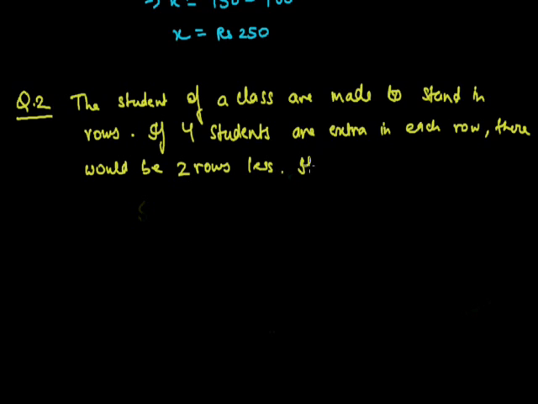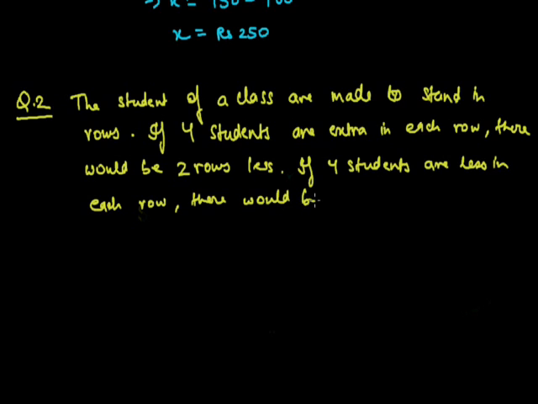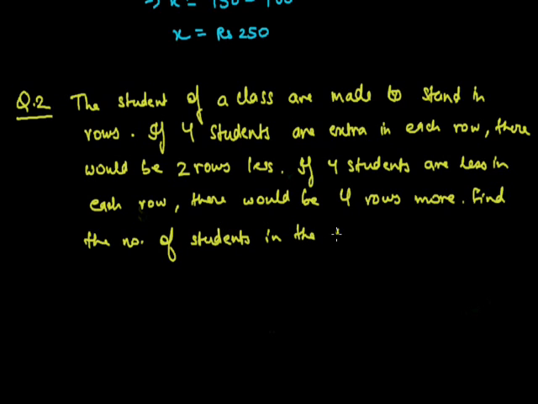And if 4 students are less in each row, there would be 4 rows more. So find the number of students in the class. Accordingly, in the question it is given that the students of a class are made to stand in rows.